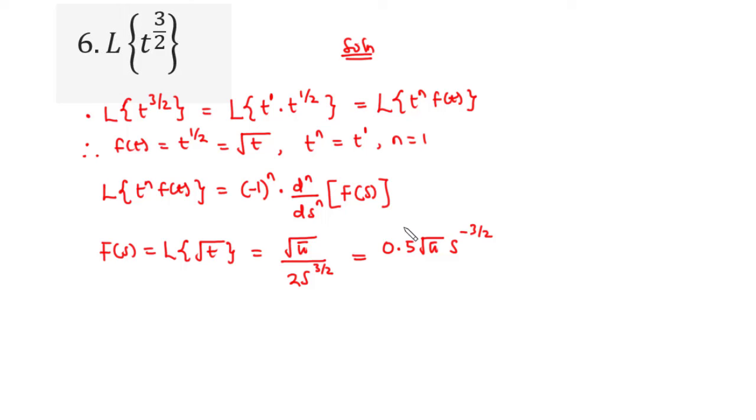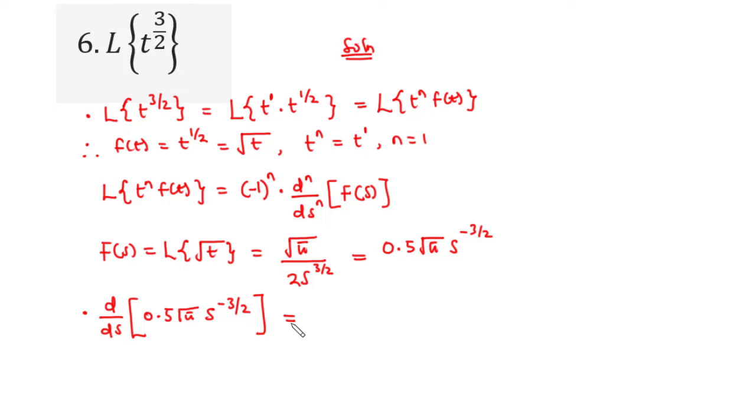So we are going to plug f of s in here. Since n is equal to 1, then we are going to find the first derivative of this Laplace transform. So let's try to find ds of 0.5 times square root of pi times s to the power -3 over 2.